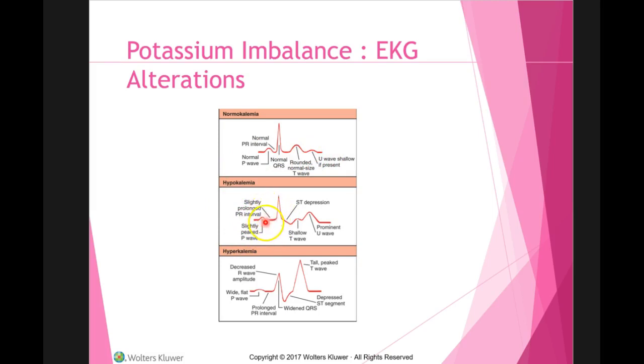Remember, this basically tells you the time from the impulse to the response, the impulse traveling from the sinoatrial node down through the ventricle. With hypokalemia, remember the membrane potentials are decreased, so there's a prolonged PR interval. The other thing that you get here are shallow T waves and prominent U waves. All of these changes indicate a prolonged repolarization.